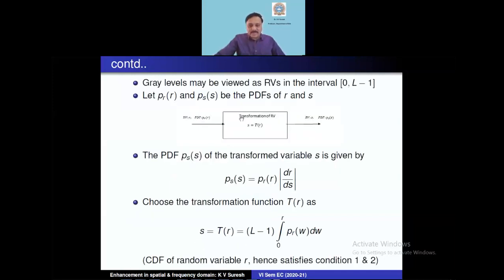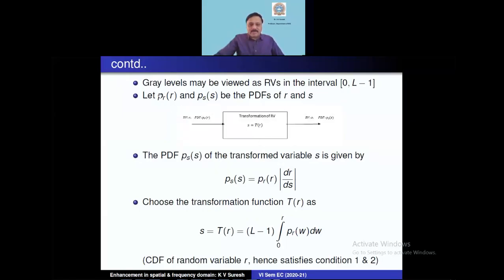Now, this slide can be better understood if you have taken a course on random processes. I think many of you have completed the elective on random processes. So with that assumption, I'll move on.